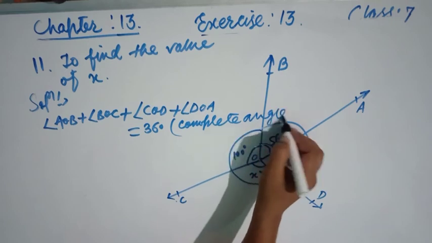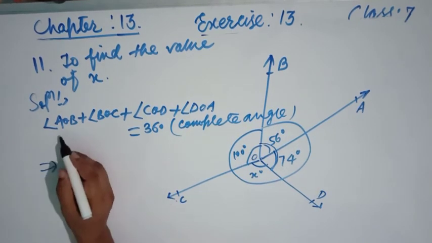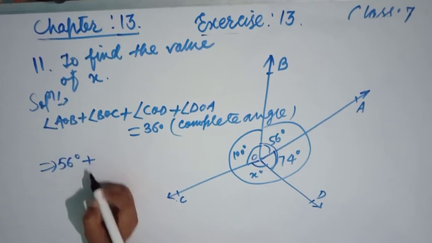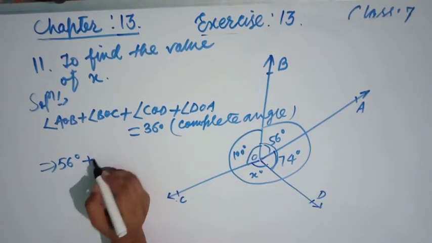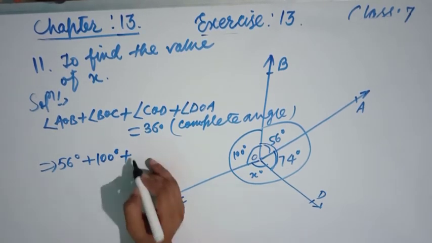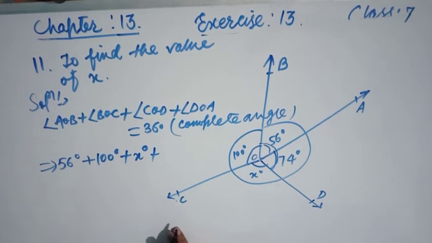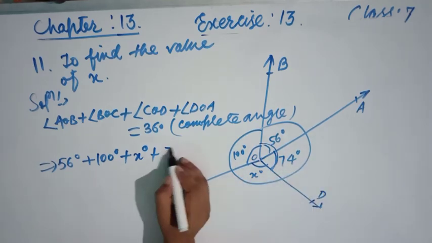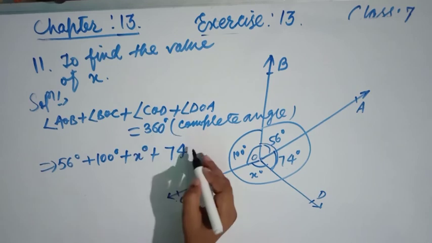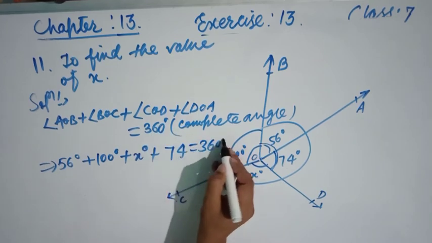Now put the values: AOB is 56, BOC is 100 degrees, COD is x degrees, which we have to find, and DOA is 74 degrees.